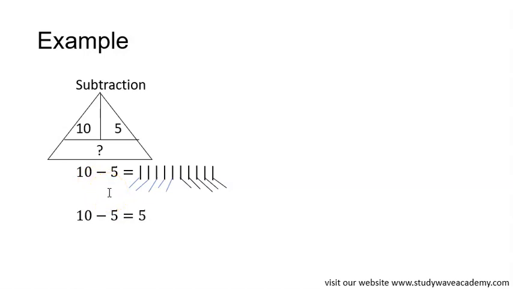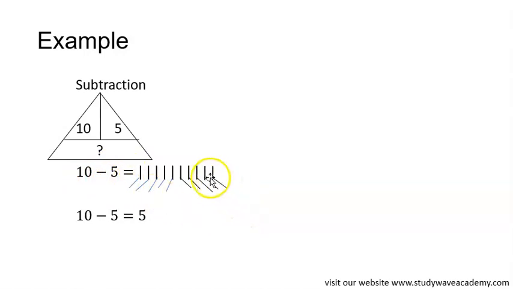Let's count 10 strokes. 1, 2, 3, 4, 5, 6, 7, 8, 9, 10. We have counted 10 strokes. Then what do we do next? We take away 5. Okay, we have counted 10, so we have to take away 5. So let's take away 5 from the 10 strokes.